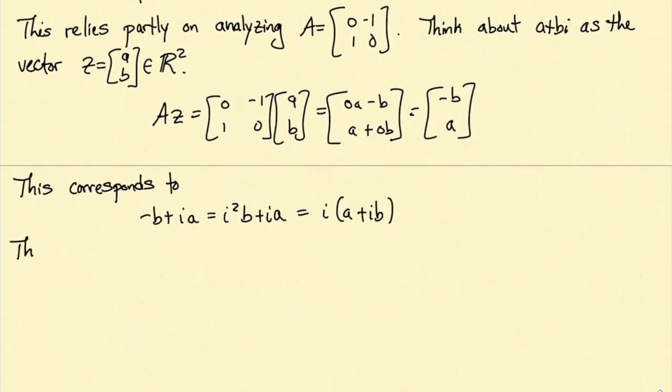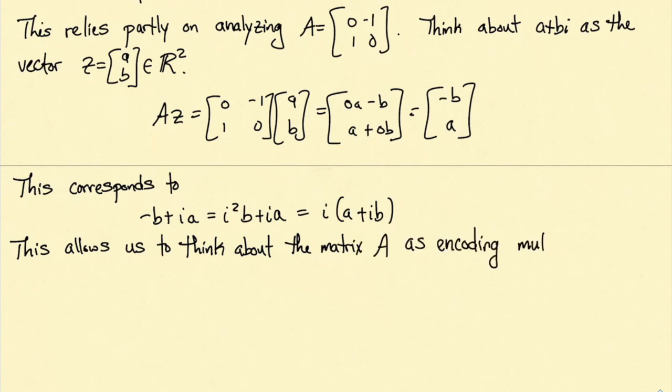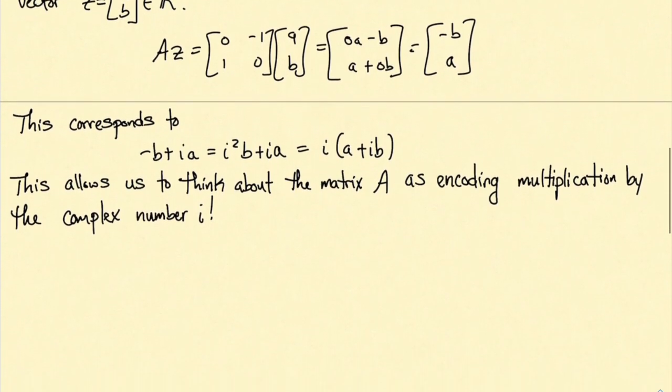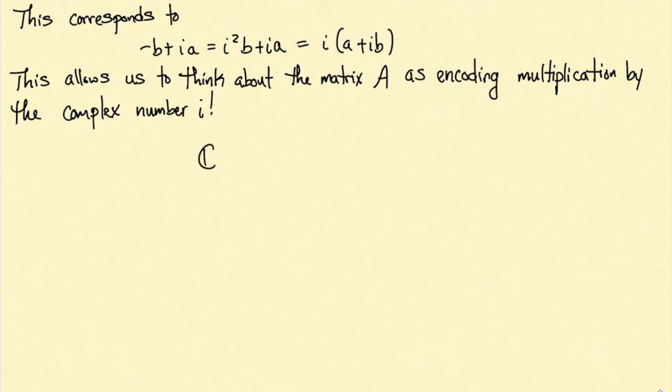So this tells us that we can think of the matrix A as encoding, under this identification, multiplication by the complex number i. That is to say, if we draw ourselves a little diagram, we'll put complex numbers on the left, and we'll put their representation as two-dimensional vectors on the right.